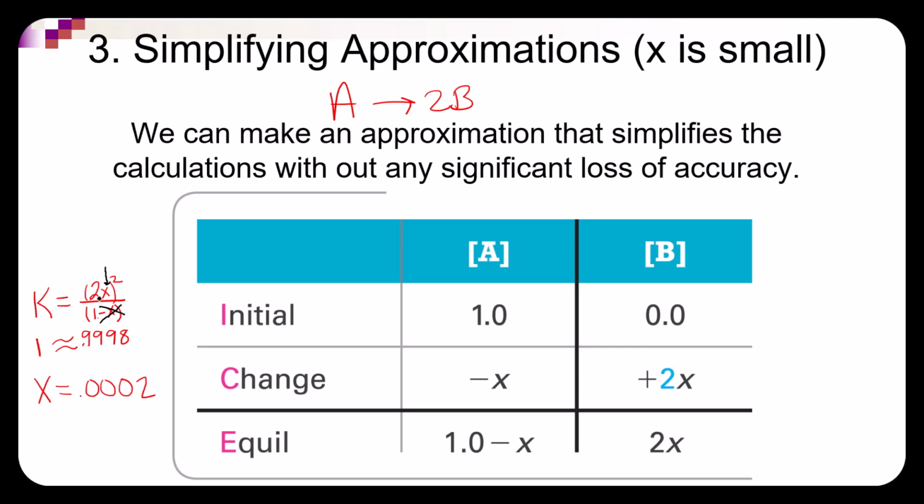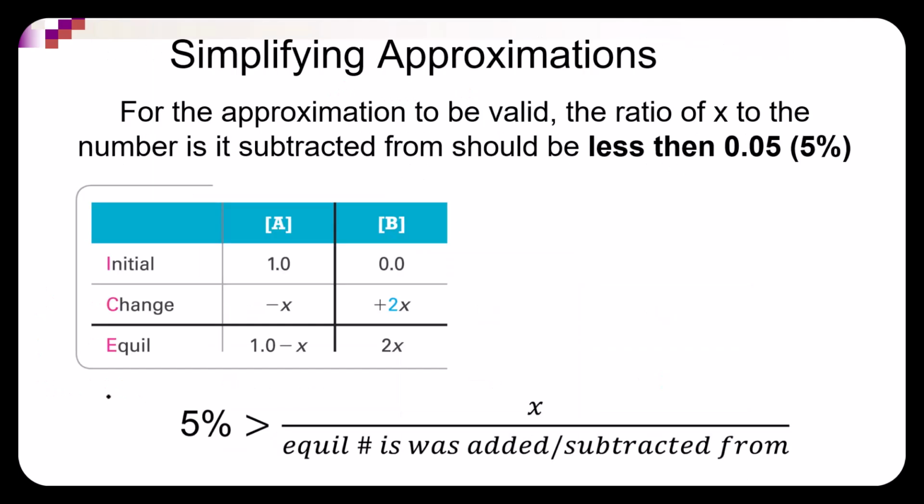Well, at what point is x small enough for us to ignore it? There are some rules to this. We have to fit this kind of validation, this check, okay?